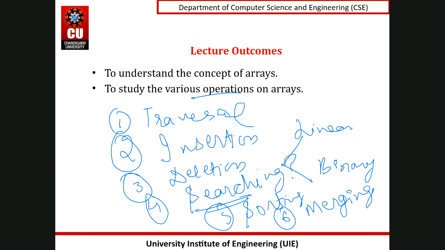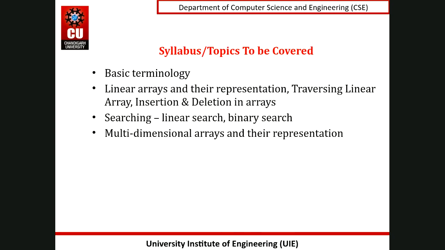We would be looking at the operations related to arrays, and the algorithms related to them. We'll look at the basic terminology, then what arrays and linear arrays are, how they are represented in memory, how we traverse them, how we insert and delete from the array, what searching is, linear and binary, and what multidimensional arrays are and how they are represented in memory.